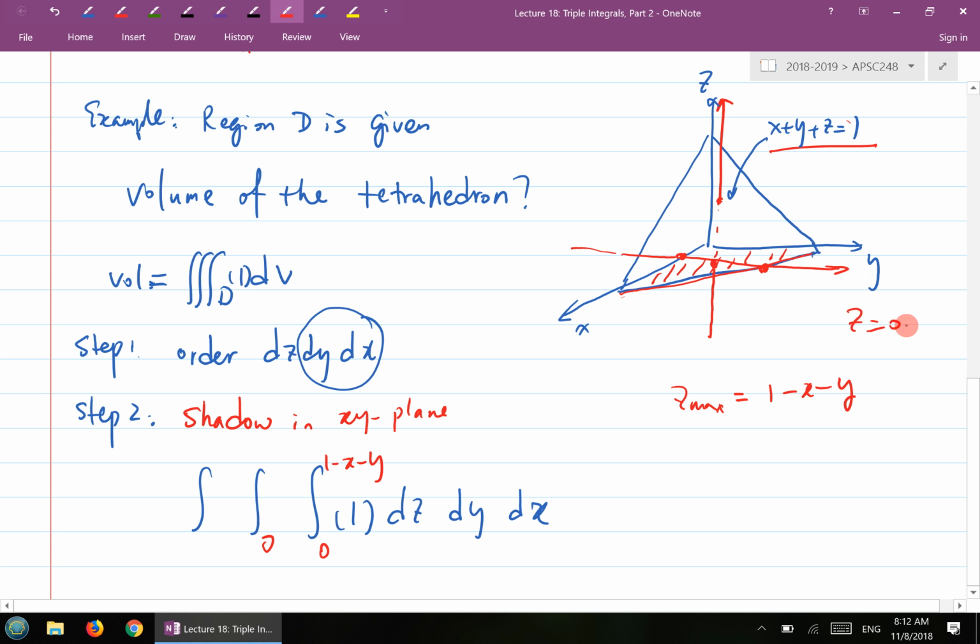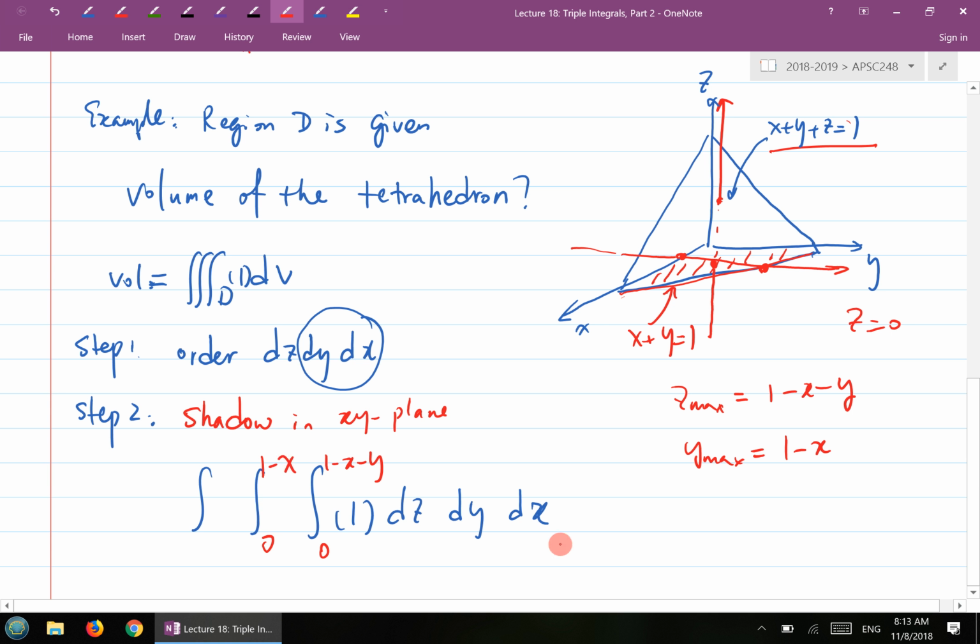You substitute z equals 0 over here, you get x plus y equal to 1. Sometimes the question doesn't give you all the information. You have to use a little bit of derivation to get the necessary condition. So now I have my y-max, which is basically 1 minus x. Good.